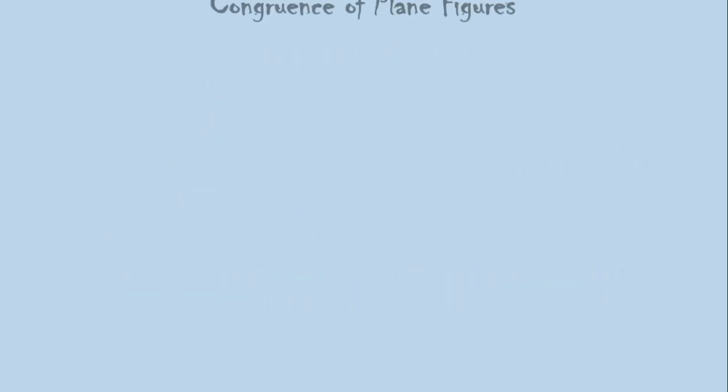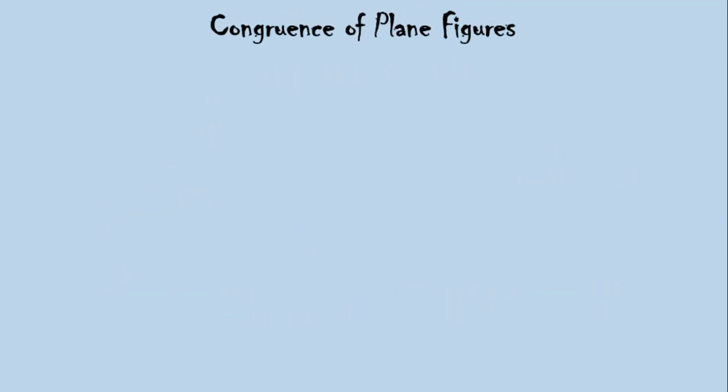Now, the next topic is congruence of plane figures. We all know what a plane figure is. Square, rectangle, circle, triangles, these are called plane figures. So let's start with congruence of squares.